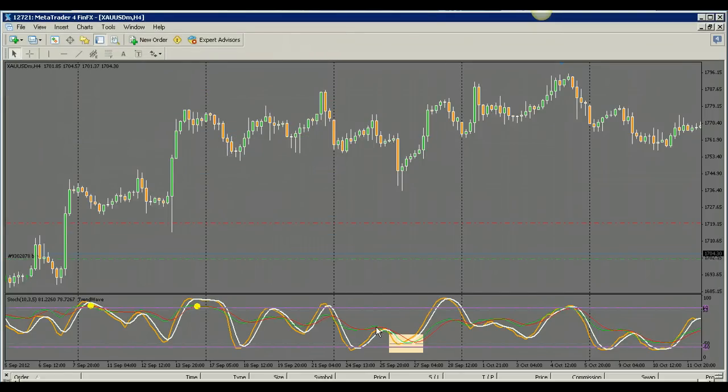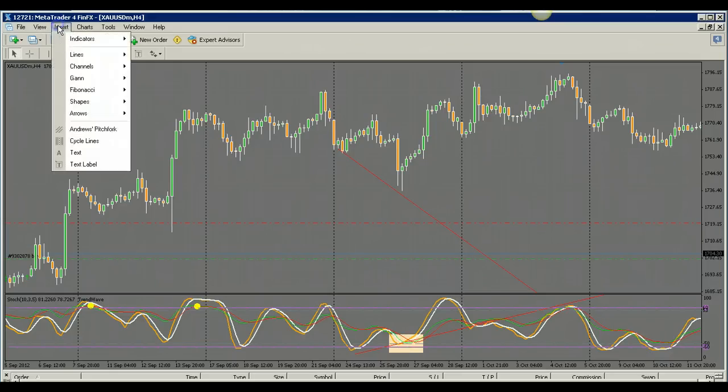Is that we have divergence. This is a swing low. This is the other swing low, and notice that the swing lows are slanted down. We have a swing point here, a swing point there, slanted down. But on stochastics, these wave patterns are slanted up, and this is called divergence.